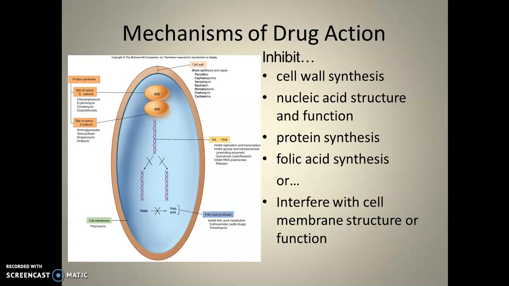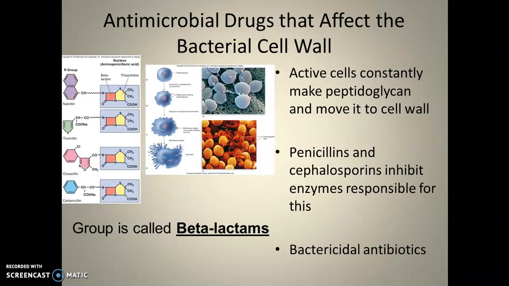Or the structure or the building of nucleic acids, or they are disrupting protein function or the formation of proteins, right? Now, some other ones that are less common, and we'll talk about why they're special types of drugs, are ones that attack a pathway to make folic acid, and then also interfering with cell membrane structure. All right, so these are the major modes of action of different antimicrobial antibiotics.